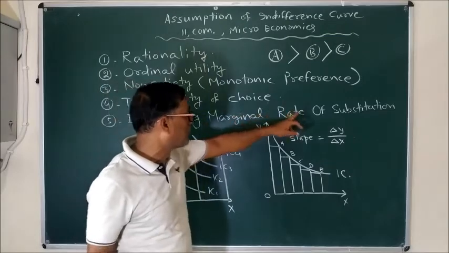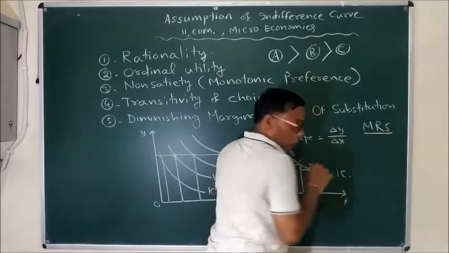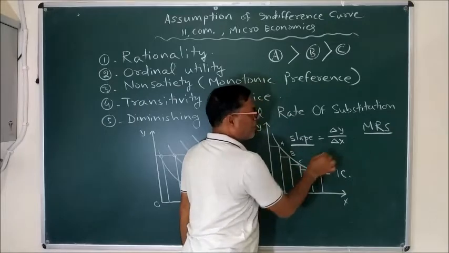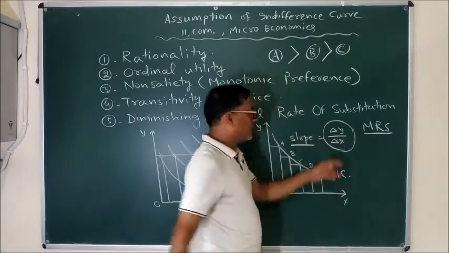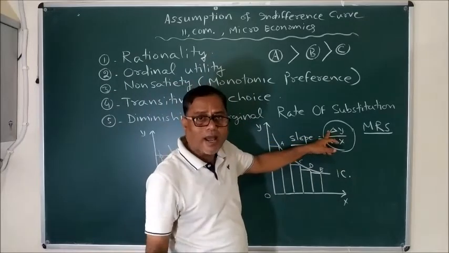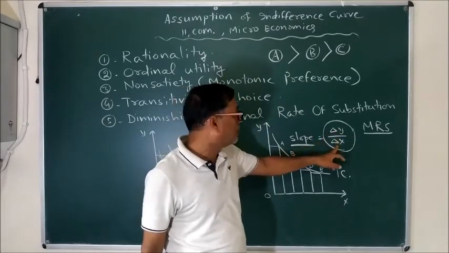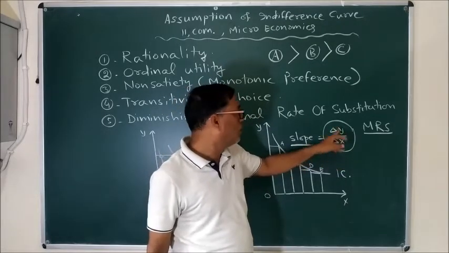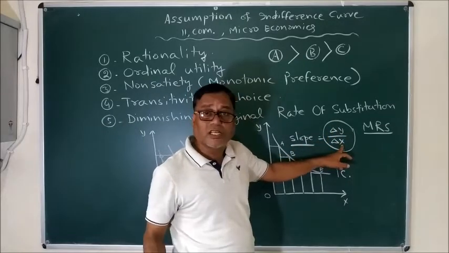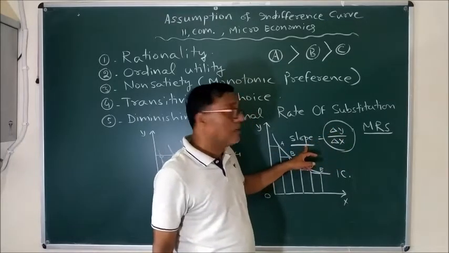Diminishing marginal rate of substitution, or in short MRS, is nothing but the slope of the indifference curve, or we can say it is del Y upon del X, the ratio between the unit change in the consumption of Y and the unit change in the consumption of X. Del Y is the change in Y, and del X is the change in X. The ratio between del Y and del X is the slope of the indifference curve.